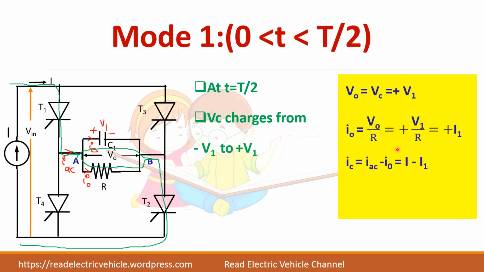Now I0 we can find, that is V0 by R, and the capacitor current IC is IAC minus I0, but I0 is plus I1 here, so you substitute it. So Vin is equal to, because it will be connected to point A, plus V1.